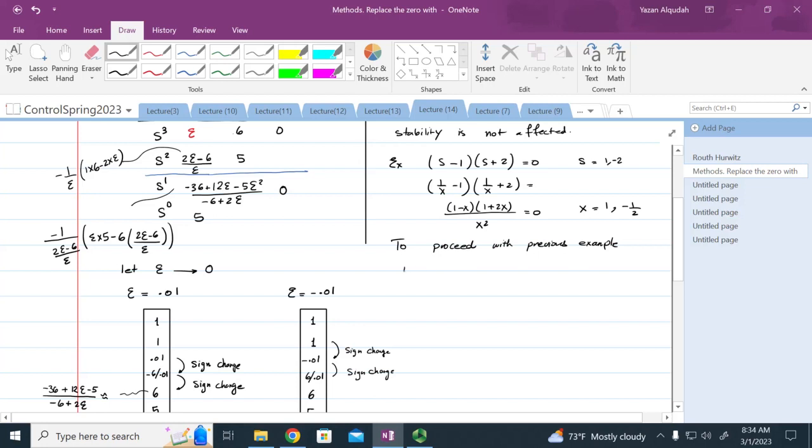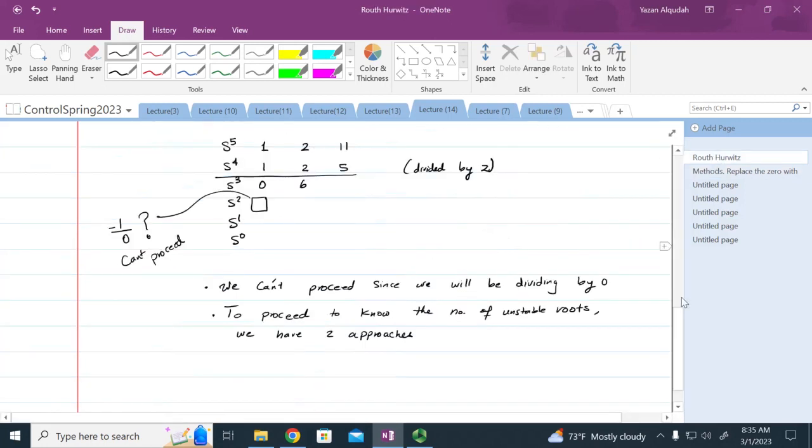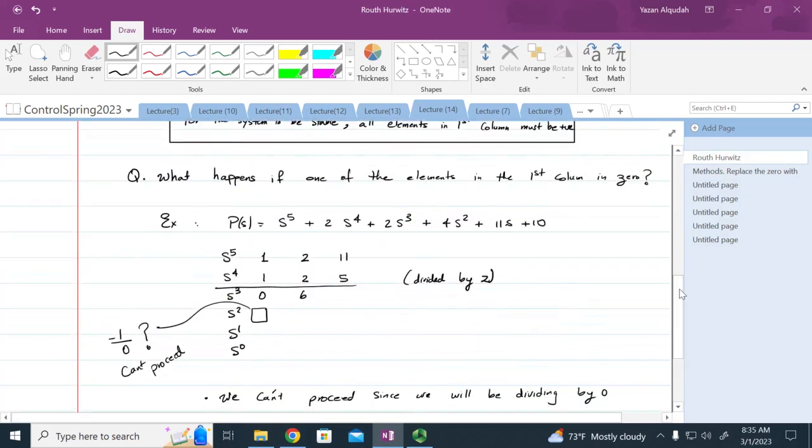So what we're going to do, we're going to calculate the polynomial p of 1 over x, which is going to equal 1 over x to the 5 plus 2 multiplied by 1 over x to the 4 plus 2 multiplied by 1 over x cubed plus 4 multiplied by 1 over x squared plus 11 over x plus 10. So what we've done on this polynomial, we just substitute s with 1 over x.